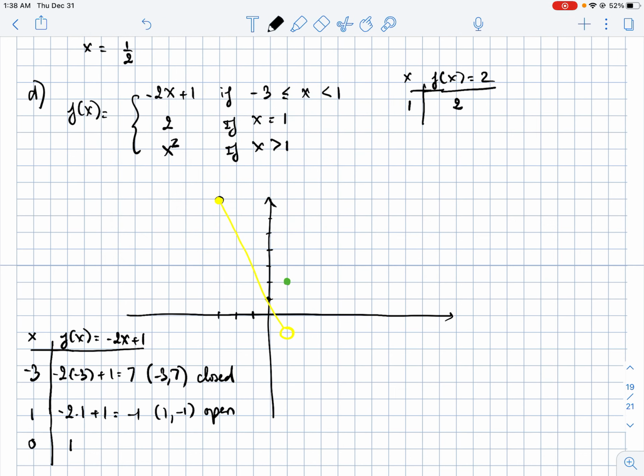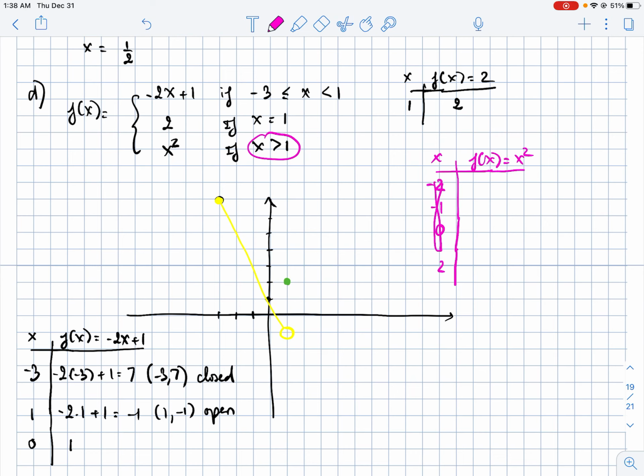Now the last one, I will use the pink color. x squared if x greater than 1. So we make the table, and you notice that the last piece is a parabola. For the parabola, we will normally make negative 2, negative 1, 0, 1, and 2. However, we look at the domain.